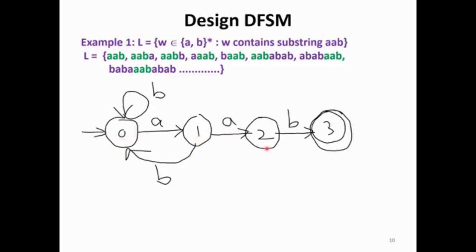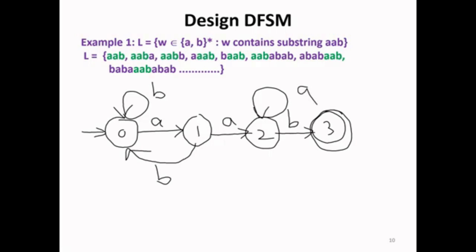Next come to state 2. In state 2, for B I have a compulsory transition to state 3. What about A? Can I take a self loop? Yes, I can take a self loop. Let us see what if I take a self loop here.